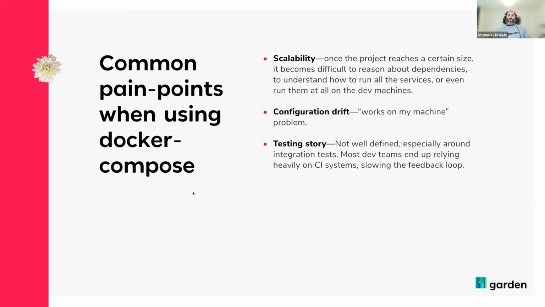Another thing that people complain a lot about is what we call the configuration drift. Essentially, a typical setup that a lot of teams have is developers will have their Docker Compose setup on their dev machines. But then once the changes have been made and the PR is created, the code and the application moves to a different environment, and this environment is usually managed with different technologies, like, for example, Kubernetes.